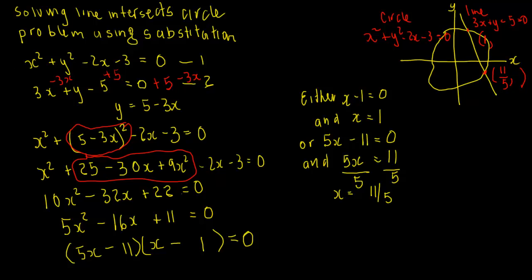So what we'll do here is, when x equals 1, y equals, we just go back to our equation here, 5 minus 3x, so x is 1, 5 minus 3, y equals 2. So we can see then that the coordinate of this point up here is the point 1, 2.